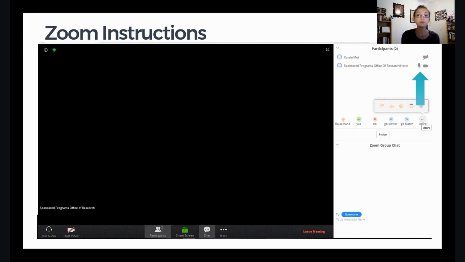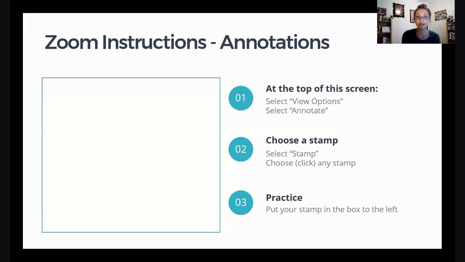I ask that you mute yourself if you're not speaking. That will just help mitigate any feedback. I went through that really quickly because I think we've all been using Zoom for quite a while now. If you have any questions on that, please let me know right now. You can chat them privately to me, or you can chat them to everyone, because if you have the questions, someone else may as well.